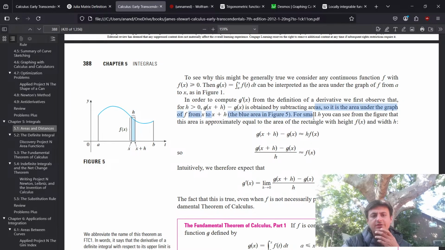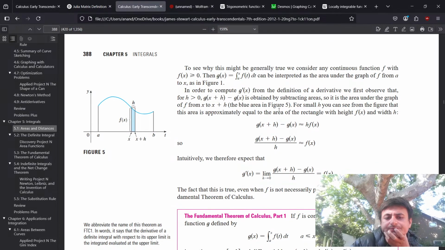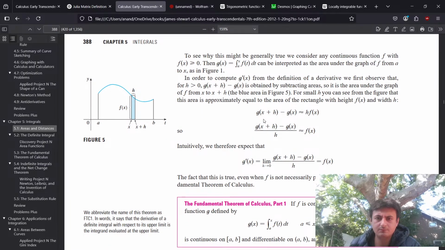So does the area under the graph of f from x to x plus h? Mm-hmm. Okay, yeah.